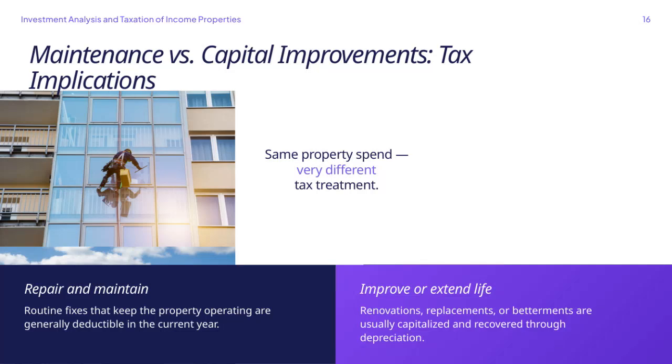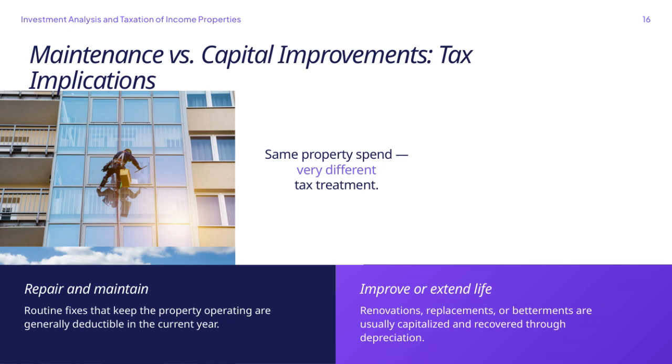On this slide, we're focusing on an important distinction in property expenses, repair and maintenance versus improvements. Routine repairs, like fixing a leak or replacing a broken window, are generally deductible in the current tax year because they simply keep the property functioning as it is. However, when it comes to renovations or upgrades that improve or extend the life of property, these costs aren't immediately deductible.